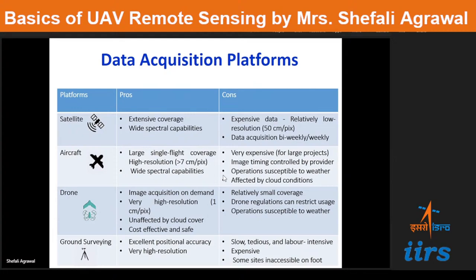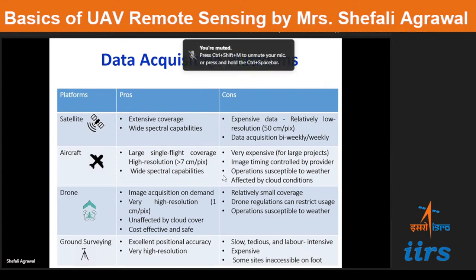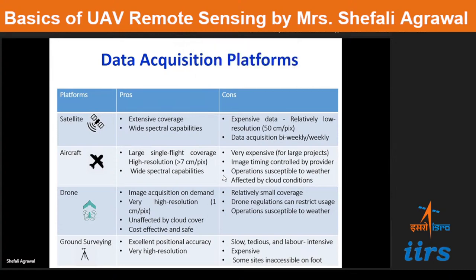They are also expensive, and it is difficult to acquire data in inaccessible areas because you have to go by vehicle or trek by foot. But these platforms are essential because they are used for calibration and validation of remote sensing data products which we derive from space, satellite or aircraft-based platforms.